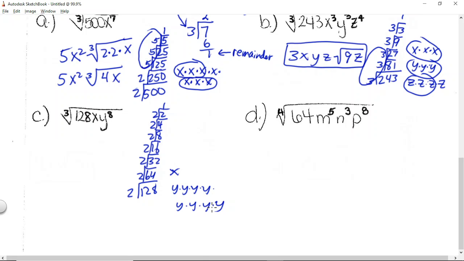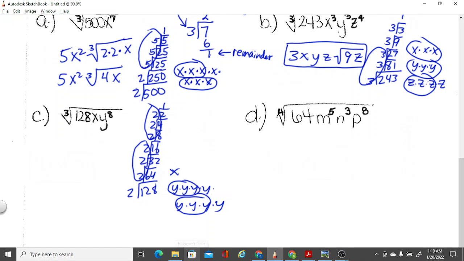Okay, so now we look for groups. We're looking for groups of 3 among these factors. We have a group of 3 2's. We got another group of 3 2's. And we've got a group of 3 y's. And we've got another group of 3 y's. And looks like everything else is left over.